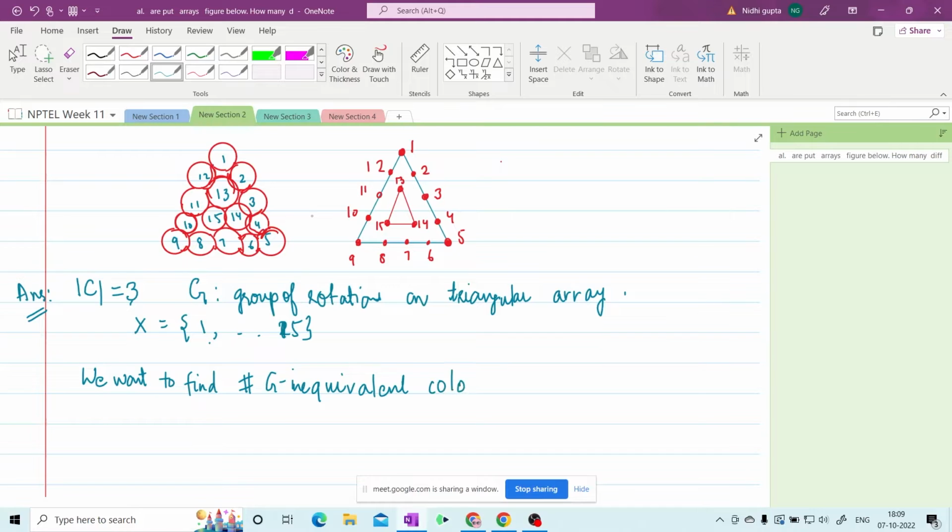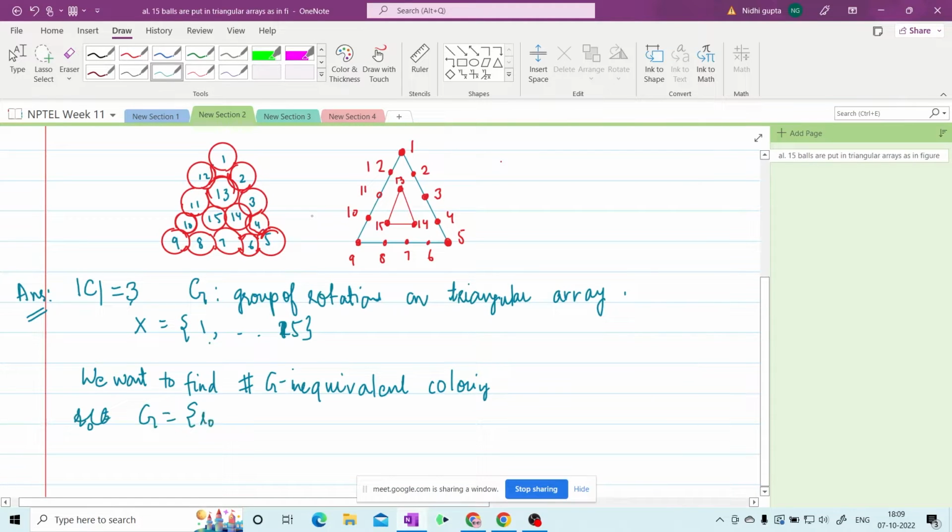So we can see this is a triangle. The rotations that we can do so that we obtain the same figure are: we can rotate by 0 degrees, which is just the identity, or we can rotate it by 120 degrees, or we can rotate it by R240.